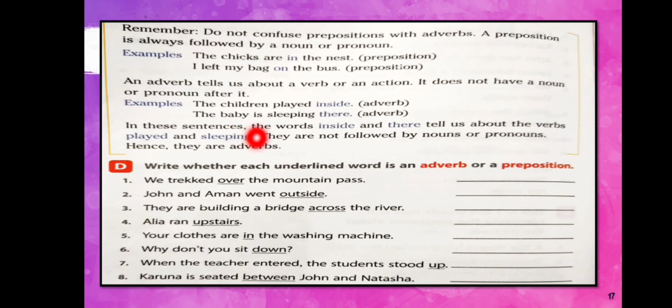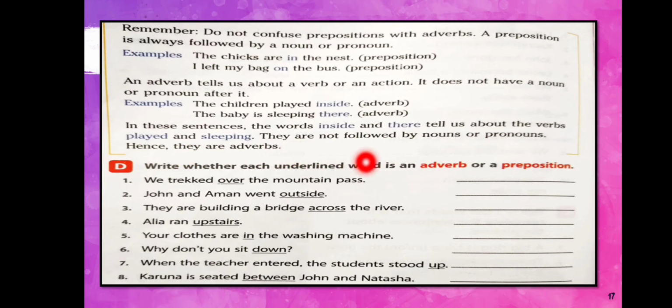The baby is sleeping there. Here the word there, after the verb sleeping, is telling more about the verb sleeping. And after there is no noun accompanied. So we can say it is an adverb. So in these sentences, the words inside and there tell us about the verbs played and sleeping.